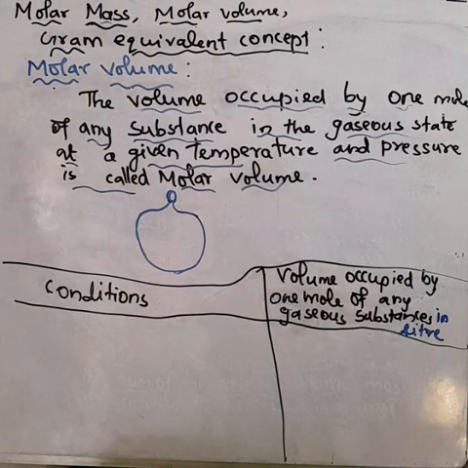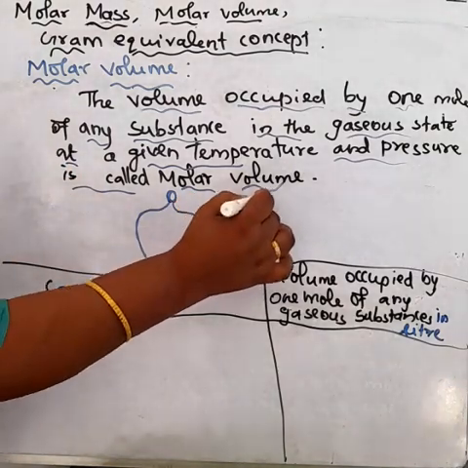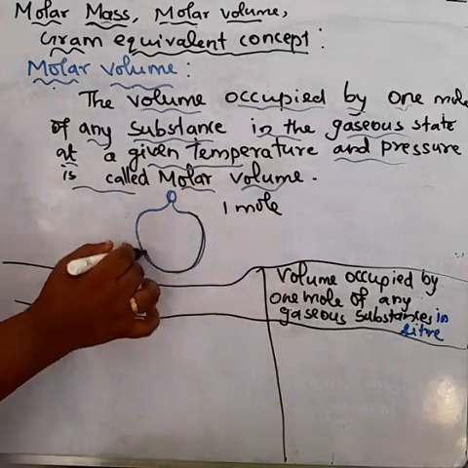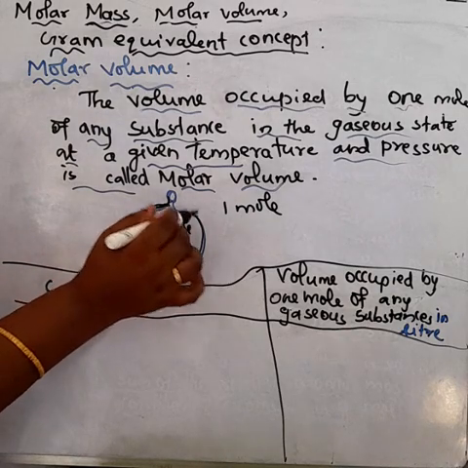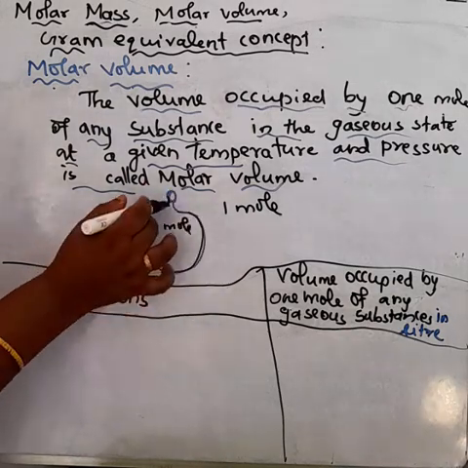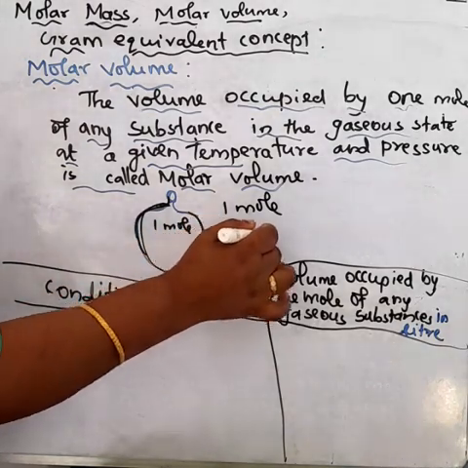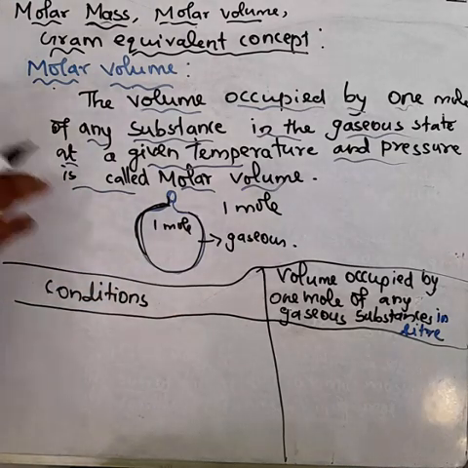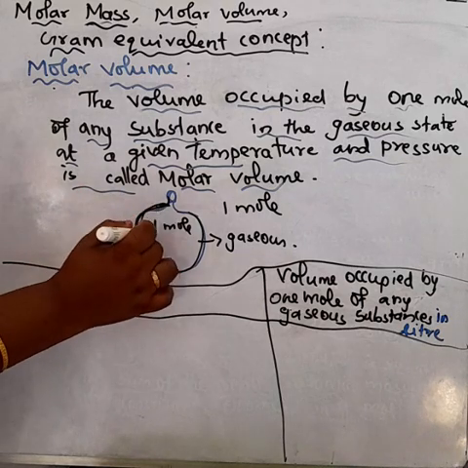So the volume occupied by 1 mole of substance: how much volume does 1 mole occupy? That is in the gaseous state, not solid or liquid. So the volume occupied by 1 mole of any gas at a given temperature and pressure.